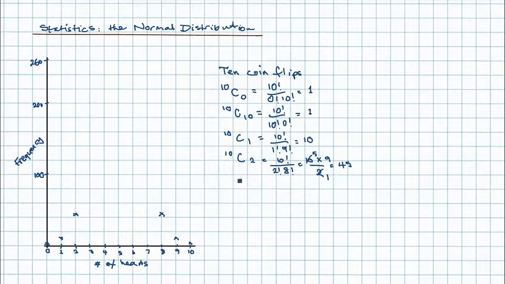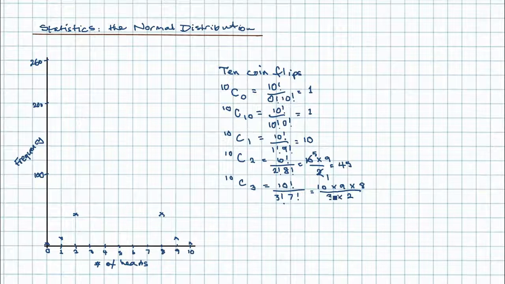What about 3 heads? Well, now the numbers are going to get more interesting. So we've got 10 factorial over 3 factorial times 7 factorial. That's going to be 10 times 9 times 8 times 7 factorial divided by 7 factorial, so there's where it cancels. And now we've got 3 factorial, which is 3 times 2.